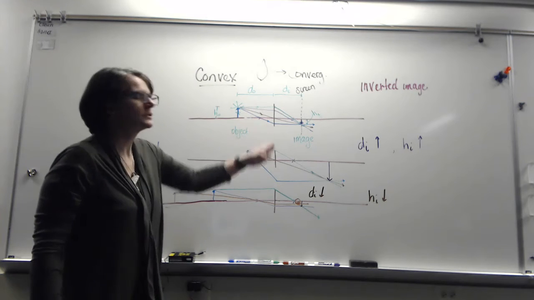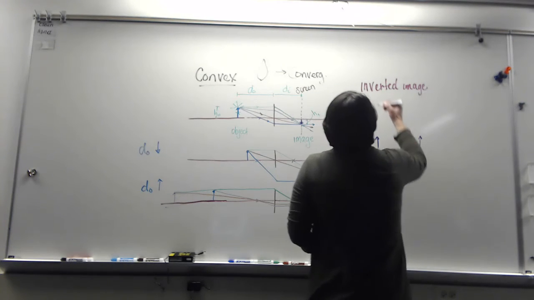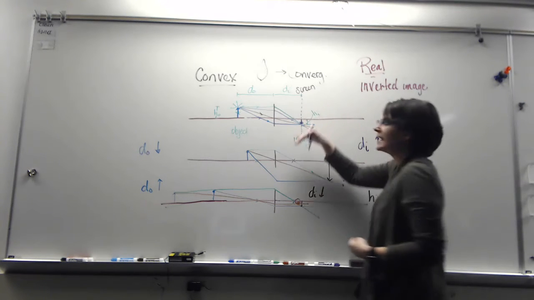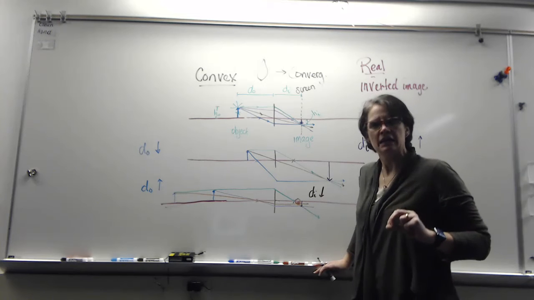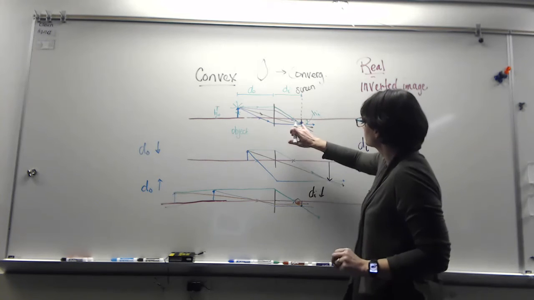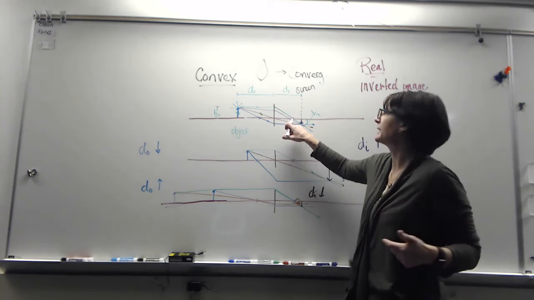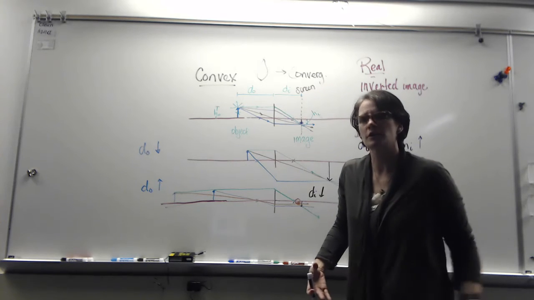I get to produce this image on a screen. It's what we call real, meaning that rays of light are truly recreating the object. These rays of light are representing the top of the arrow and truly recreating it. It's real. I can take a picture of it. I can put it on a screen.